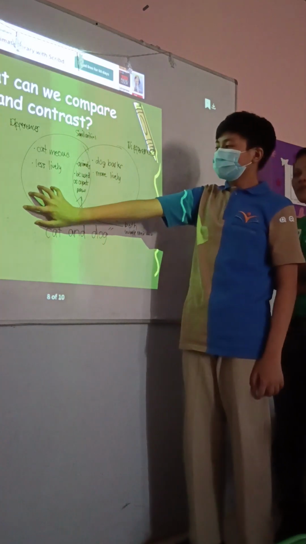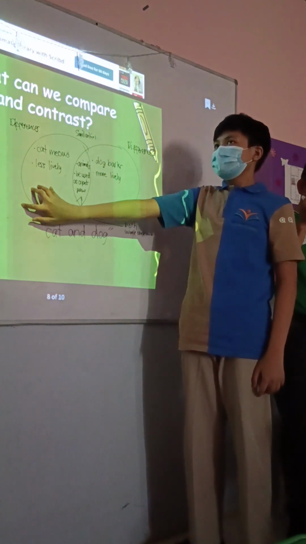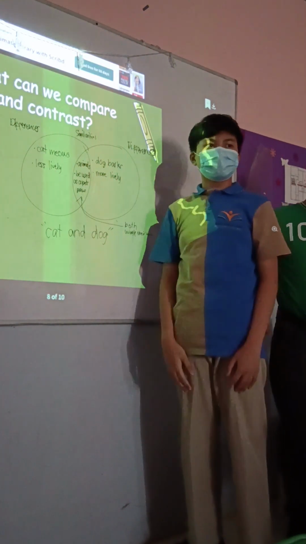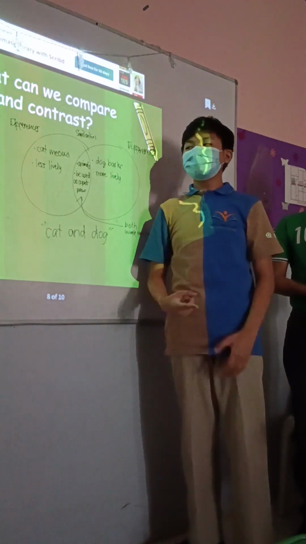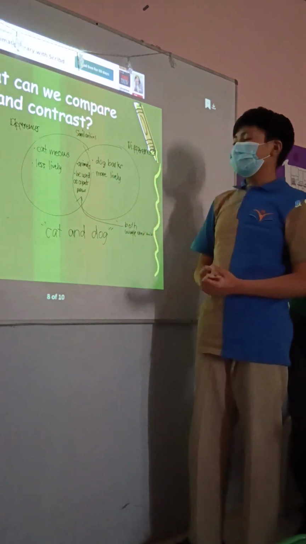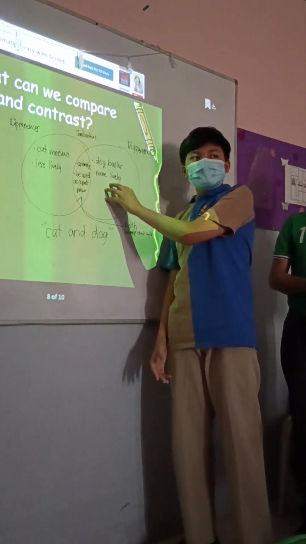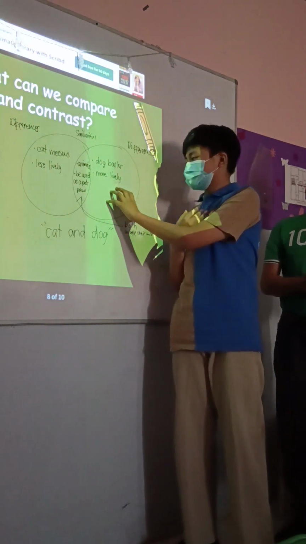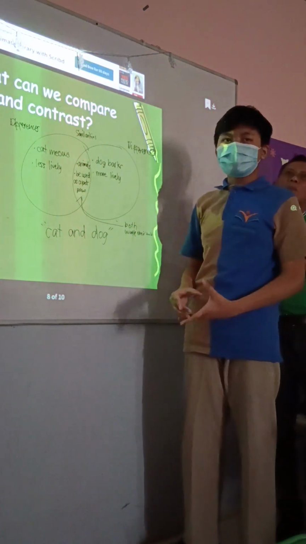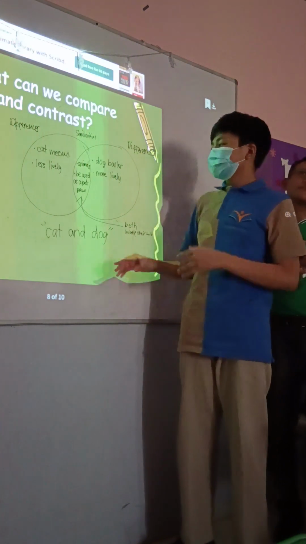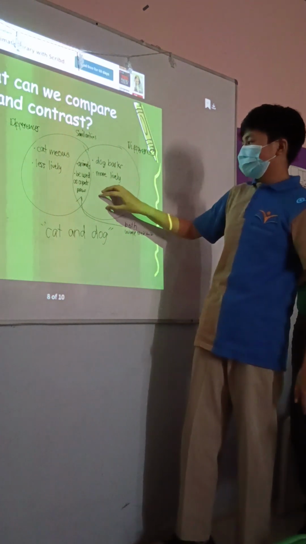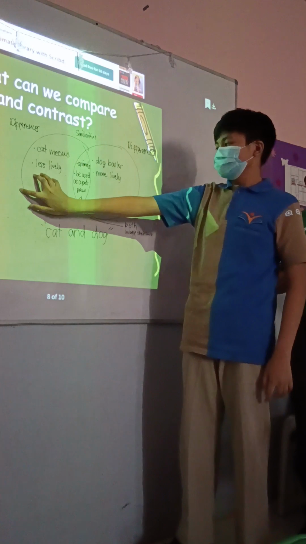In this circle we can say classical music mostly uses instruments like piano and violin, while rap music mostly uses vocals. They mostly rhyme words, but they do not use much of the instruments that classical music uses.